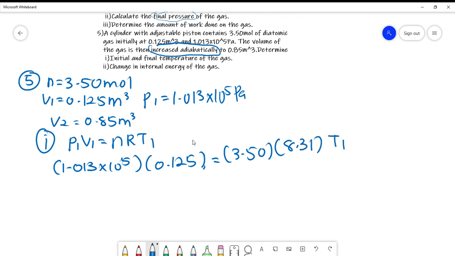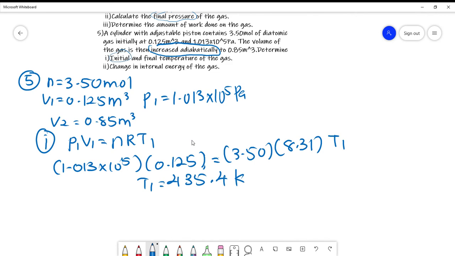So my initial temperature will be 1.013 times 10 to the power of 5, times 0.125, divided by 3.5 times 8.31. So basically our initial temperature will be 435.4 Kelvin.